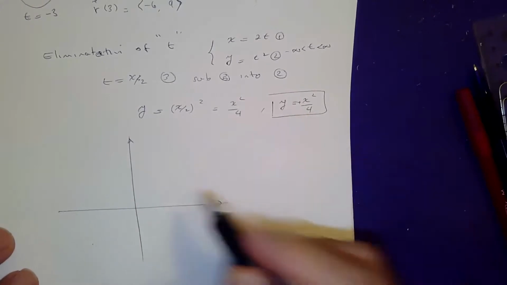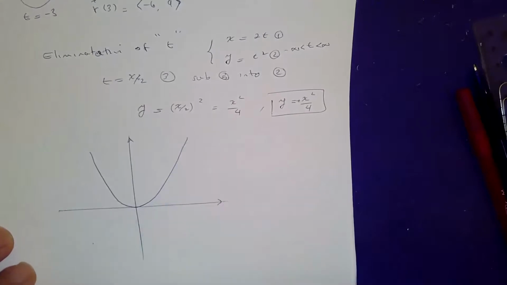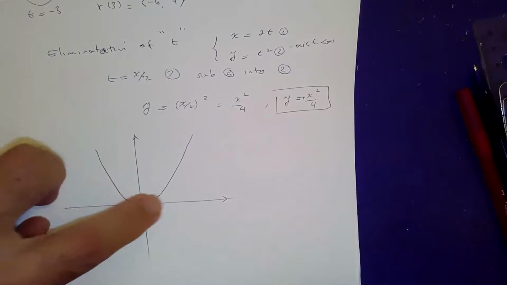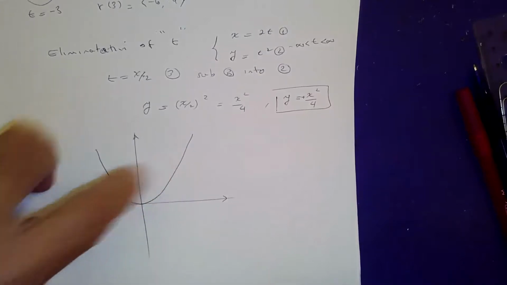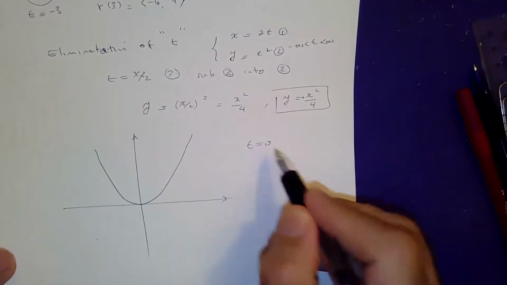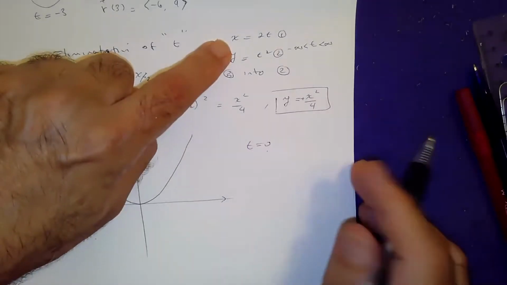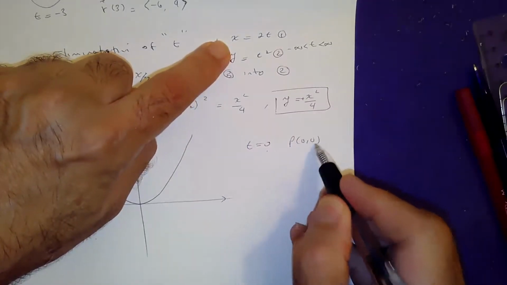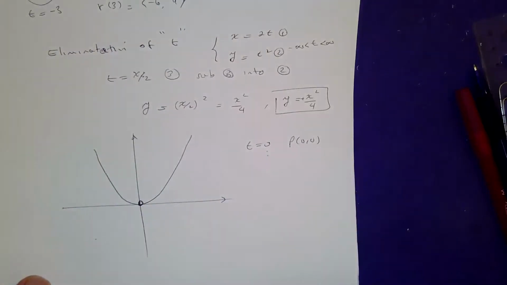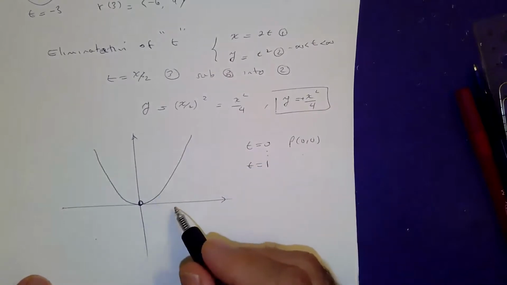So if you eliminate the t, you get the path all right, but now you've got to decide which way the motion is, what is the direction of the motion. So what do I do? Well, select some points. Like t is equal to 0, go back to this parametric equation, that would give you 0, 0. So at time 0, the object was here. Let's say 1 second later, where would the moving object be?